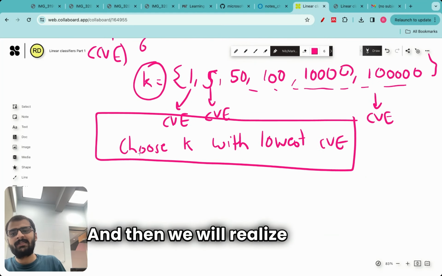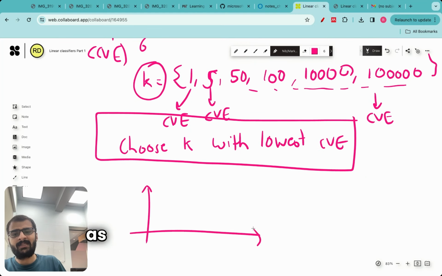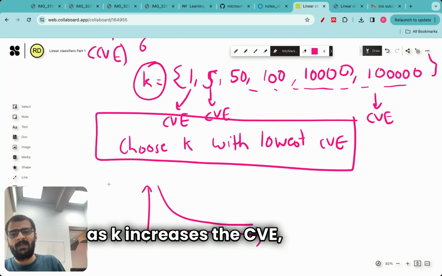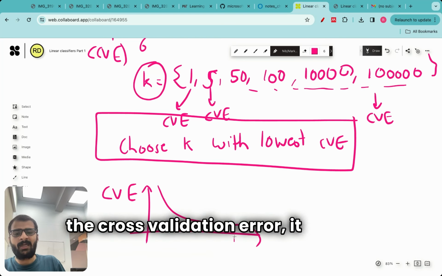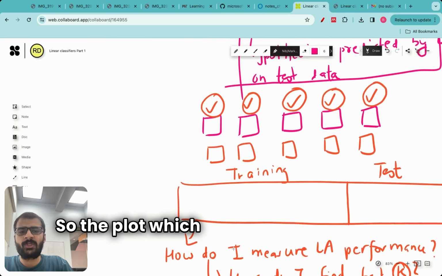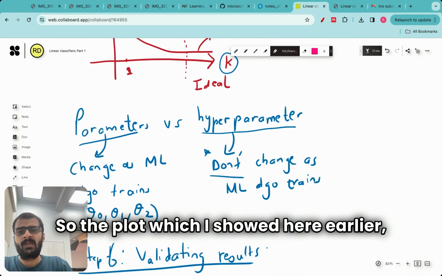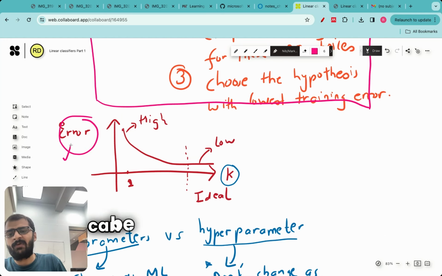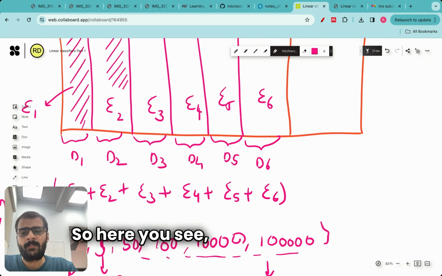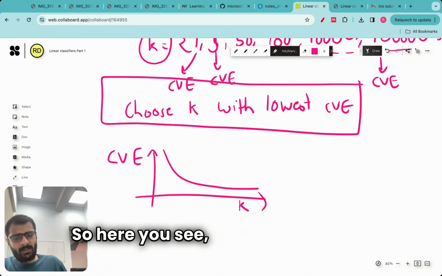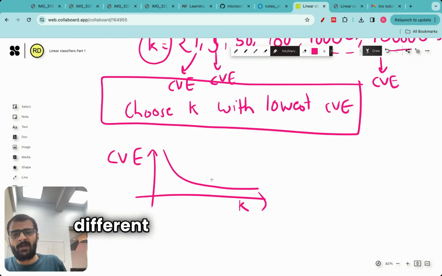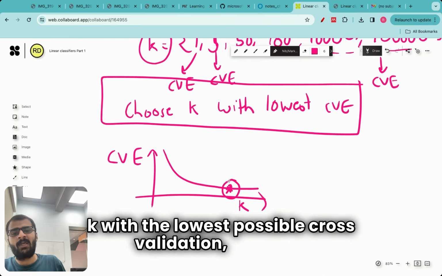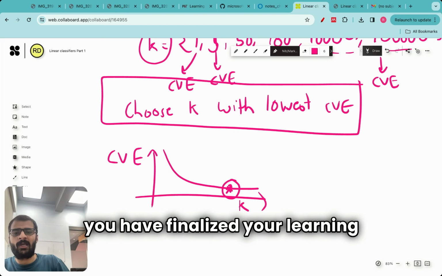And then we will realize that as k increases, the CVE, which is the cross validation error, actually decreases. So the plot which I showed earlier, which we intuitively saw, can be found out through cross validation error. Here you do this plot for different values of k, and then you choose the k with the lowest possible cross validation error, and then you have finalized your learning algorithm.